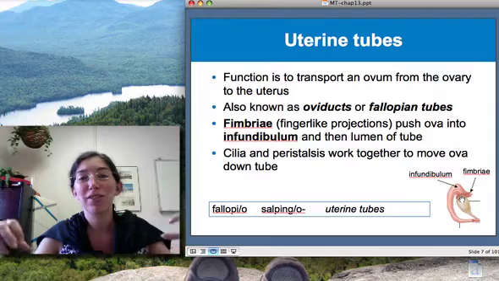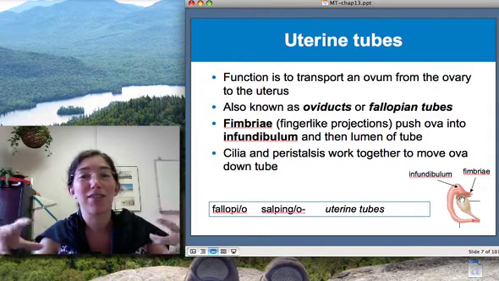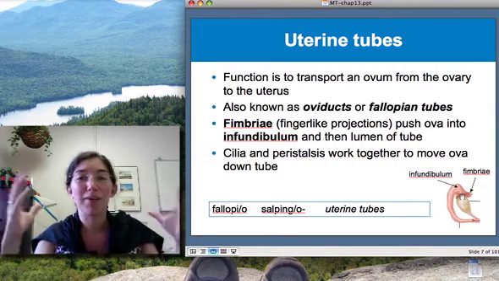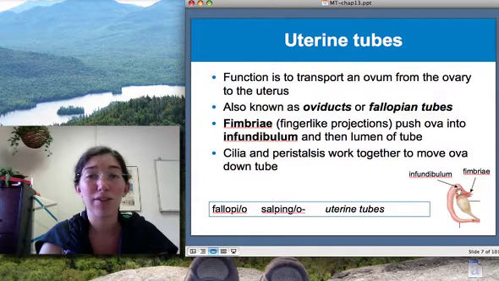And they actually physically help to move that ovum into the fallopian tubes. The wide sort of foyer or welcoming area or entryway into the uterine tubes is called the infundibulum.